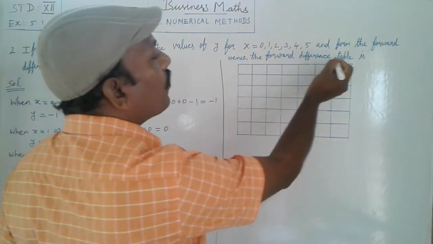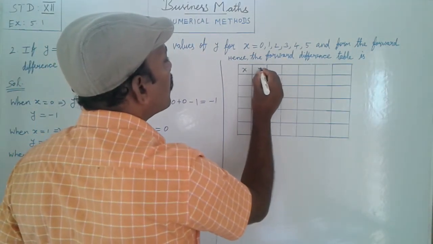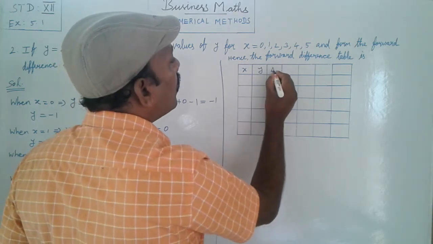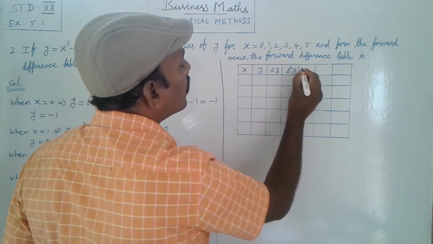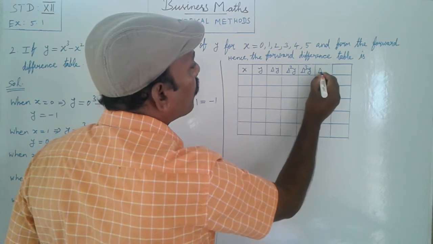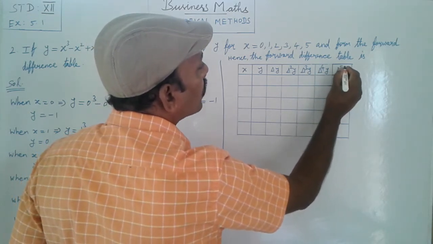Hence the forward difference table is x, y, delta y, delta square y, delta cube y, delta power 4 y, delta power 5 y.